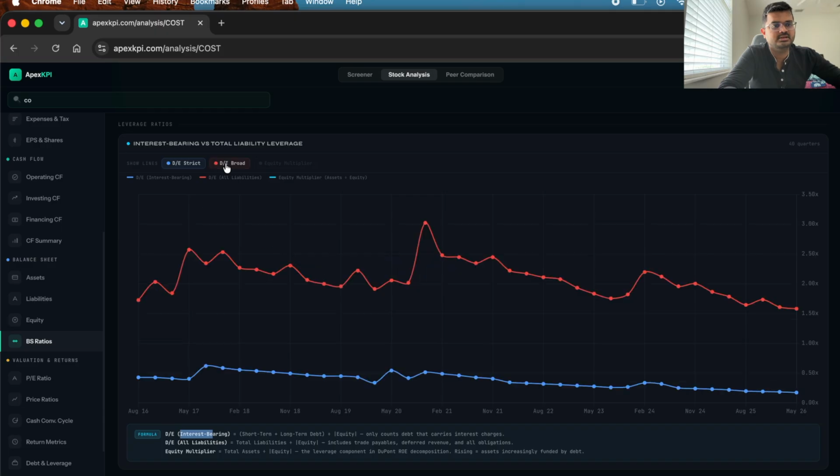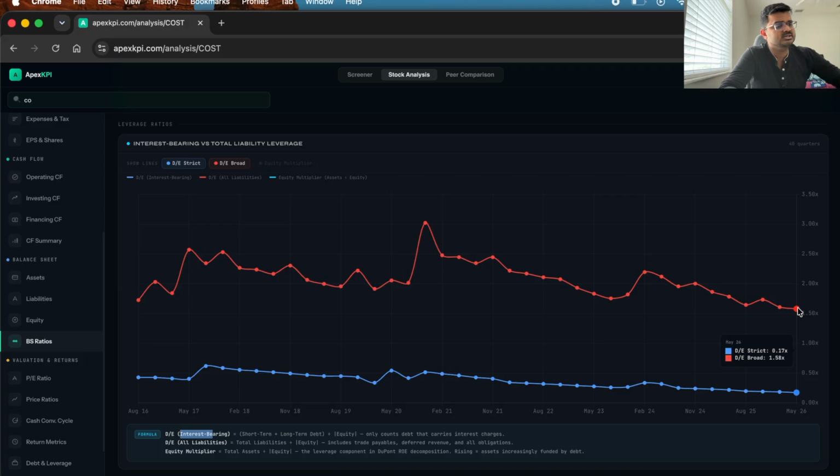But if you look at the debt to equity at a broader level, that is dividing the total liability by the total equity, you could see a different story. It says the most recent quarter they have 1.58x. Technically, we prefer to see the debt to equity ratio less than 1. But in the case of Costco, we have seen 40% of the liability is in accounts payable that doesn't incur any debt.